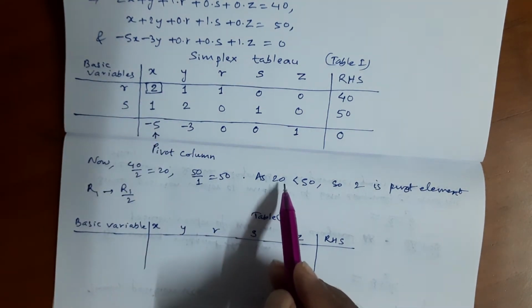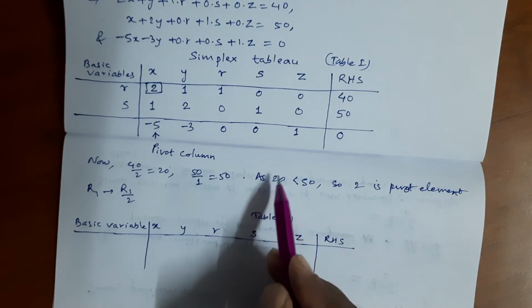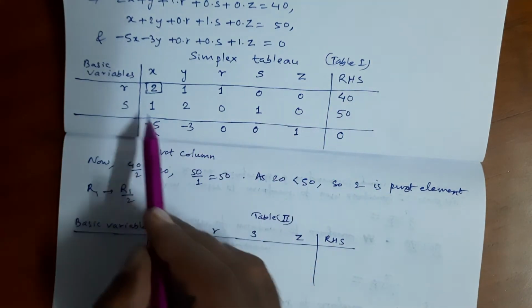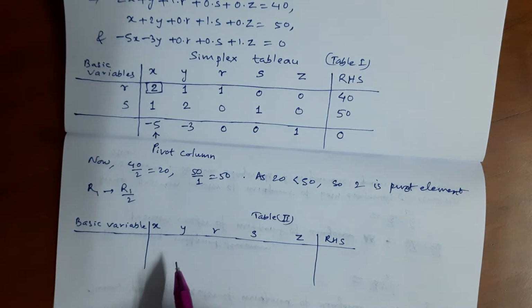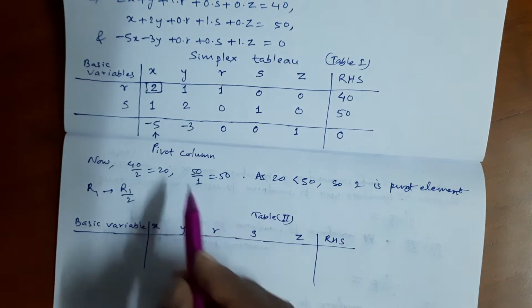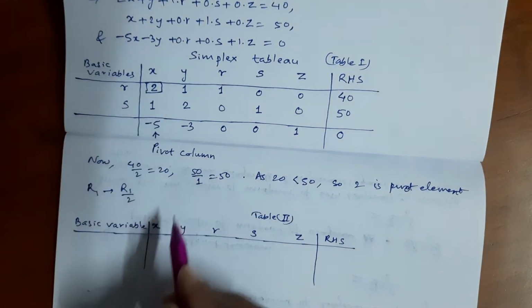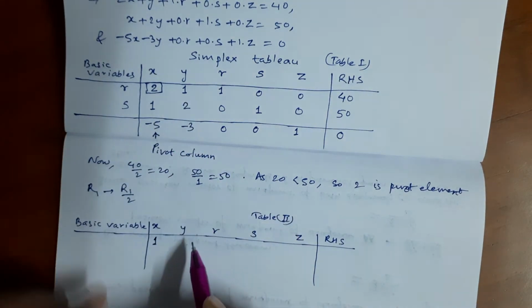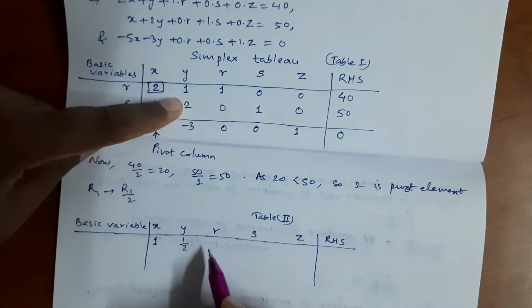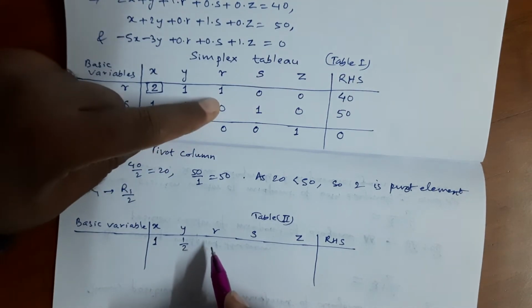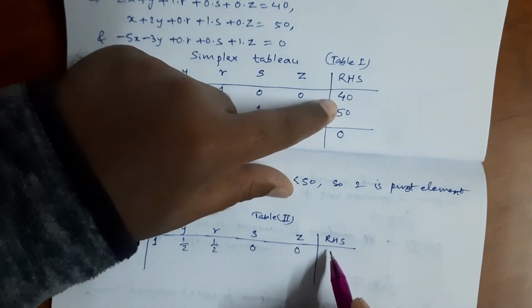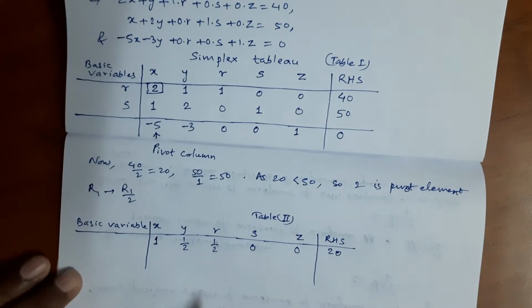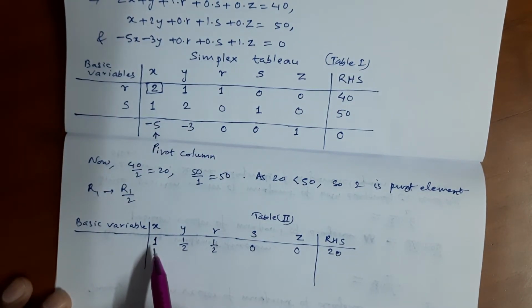So this smallest ratio gives us the row in which we have the departing variable. Okay, now dividing this throughout by 2, here will be 1, here will be 1 over 2, this row 1 dividing by 2, this is also 1 over 2, here is 0, here is 0, here 40 divided by 2, it will be 20. And as the element is 1 here, so now x is the entering variable.